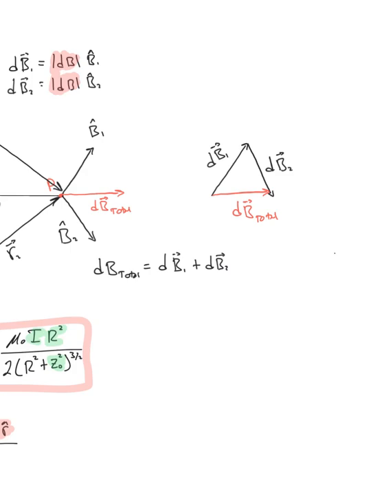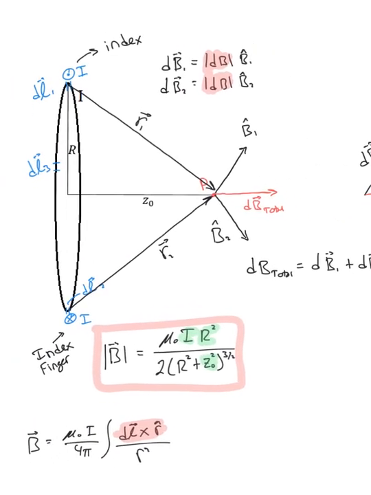So looking back, what we can see is that the magnetic field all along the center of this loop points directly away from the loop if it is on the right side of the loop. We could imagine doing the same thing on the other side of the loop.